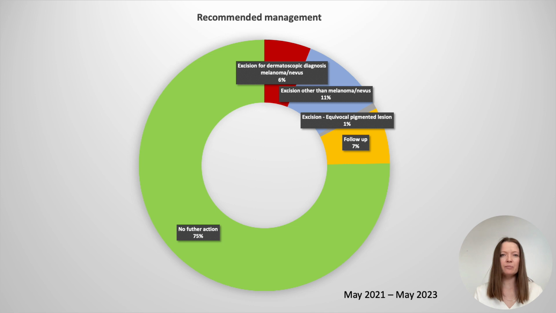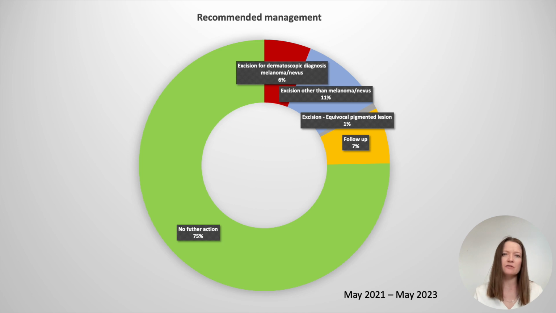In 75% of cases, primary care specialists can provide reassurance to the patient without any further intervention. In 7% of referrals, excision is recommended based on suspected melanoma or when melanoma should be ruled out. Also, Spitz and Reed nevi in adults are excised.